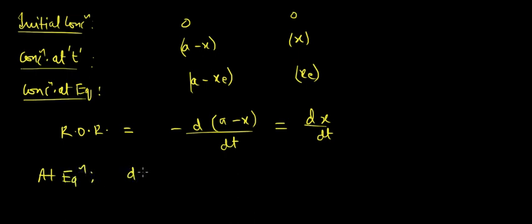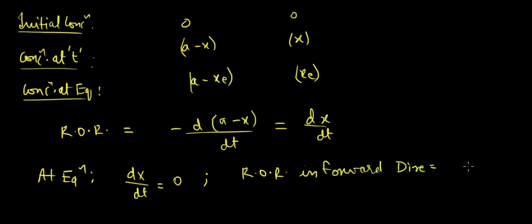At equilibrium we can say that dx by dt would be equal to 0, because of this condition, which is rate of reaction in forward direction would be equal to rate of reaction in backward direction.